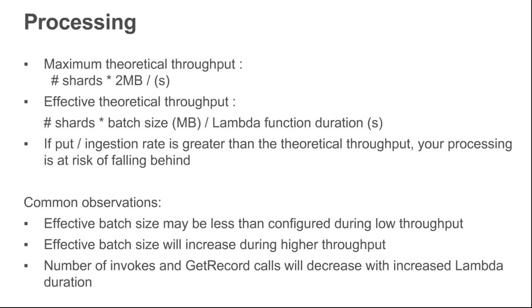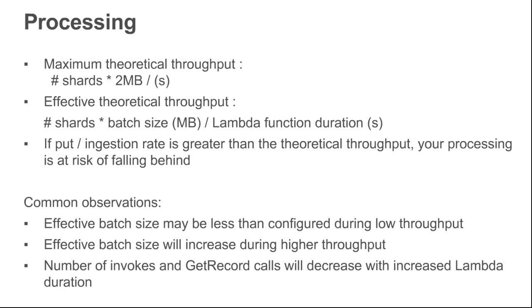The effective theoretical throughput, coming from the Lambda poller, will be the number of shards times the effective batch size, which is the number of records that the poller has sub-batched in the invocation, divided by how long it takes to invoke your Lambda function. Given these fuzzy calculations, you can see if your input or ingestion rate is greater than your theoretical throughput, then your processing is probably going to need a little more tweaking. It will be at risk of not keeping up with your stream.